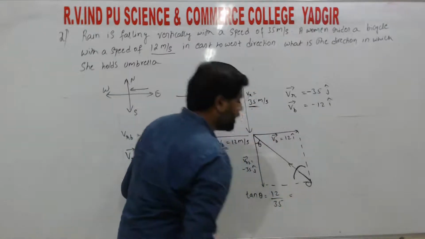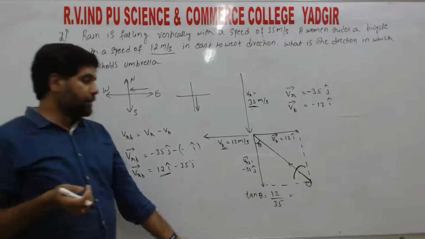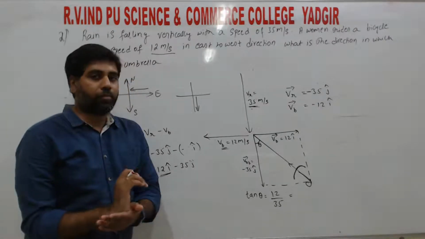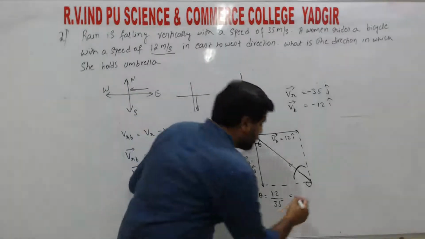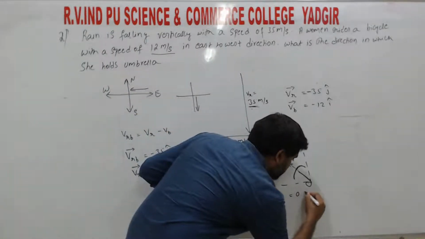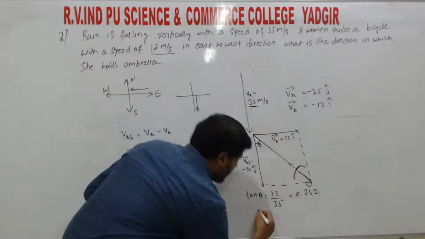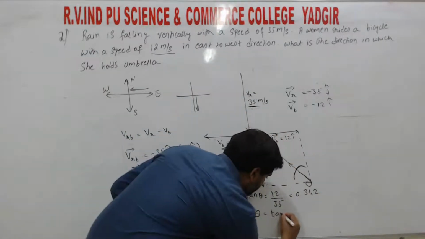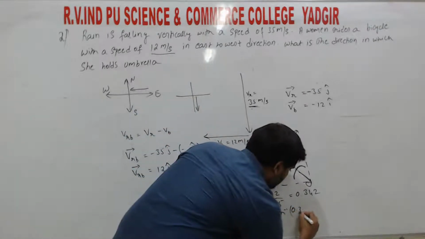So 12 by 35 is 0.342, right? So we need angle theta. Angle theta is equal to tan inverse of 0.342.